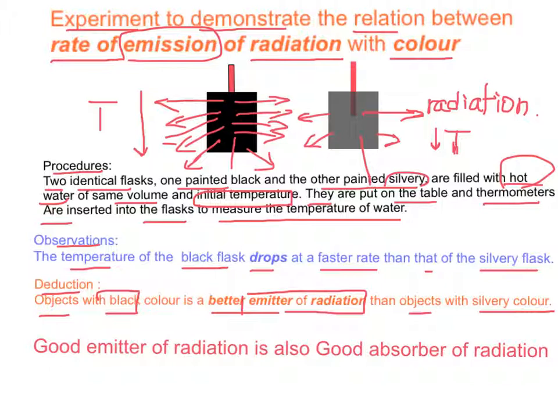From the above two experiments, we can conclude that an object that is a good emitter of radiation is also a good absorber of radiation.